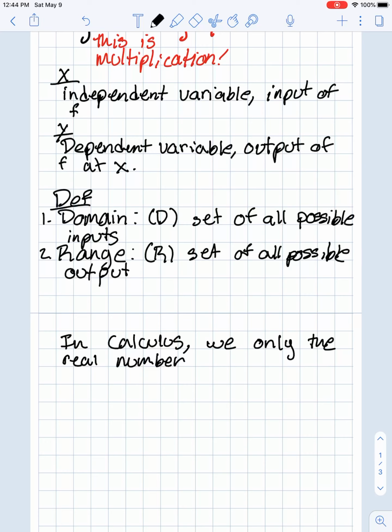Basically, if you ever remember hearing about i, like the square root of -1, we're not dealing with that. He's not in this. We only deal with real numbers.